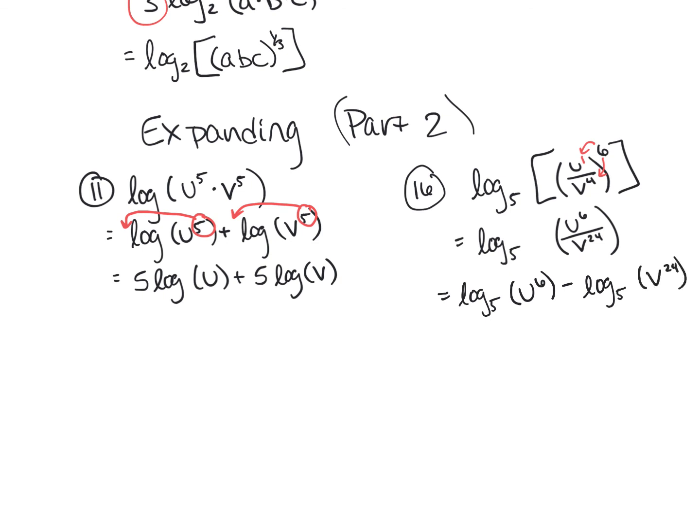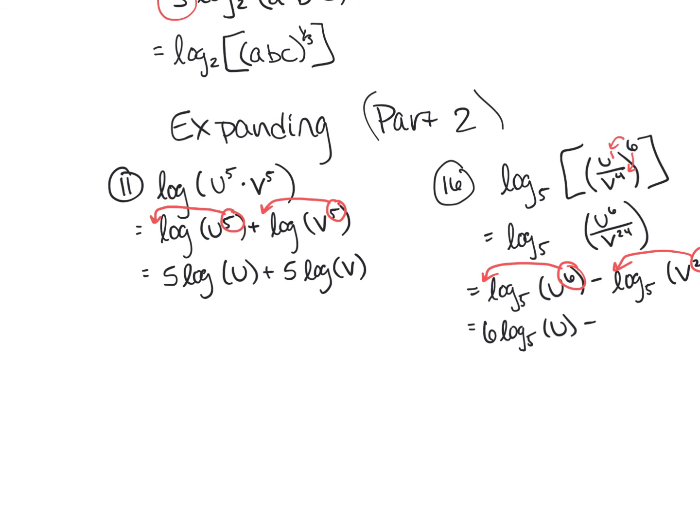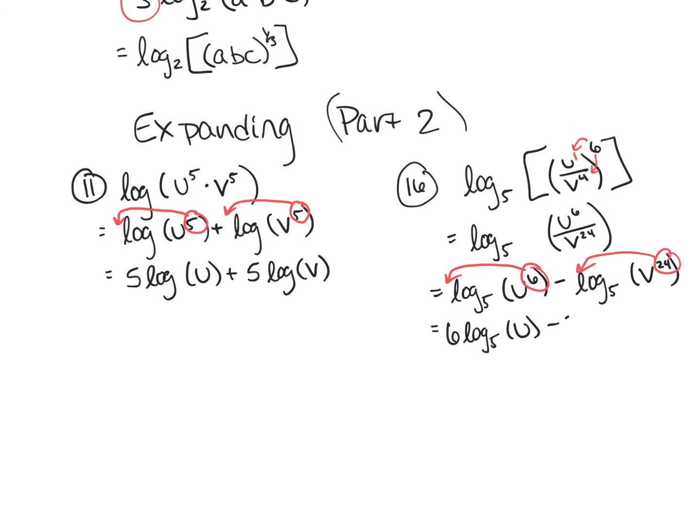And just like we did in our last problem, I'm going to take the exponents and make them become coefficients. So we have 6 log base 5 of u minus 24 log base 5 of v. So this is our expanded answer. Again, we're just using the same rules but going backwards.